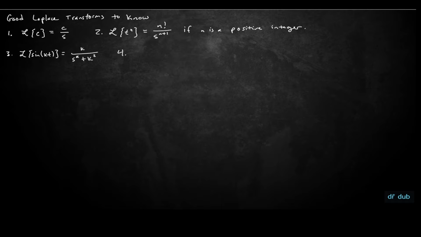Number 4, Laplace of cosine kt is equal to s over s squared plus k squared. The fifth one you're going to need to know is Laplace of e to the at, which is 1 over s minus a.